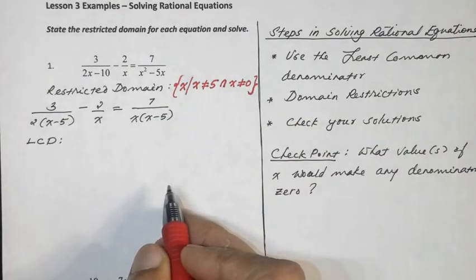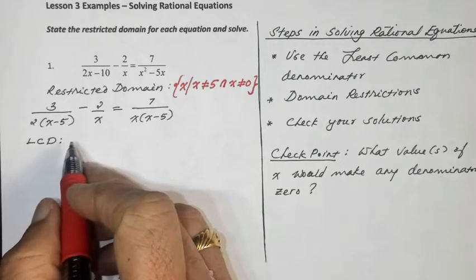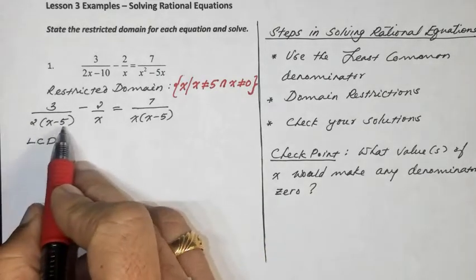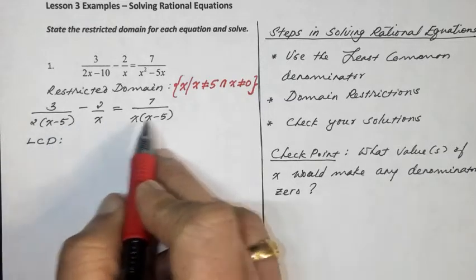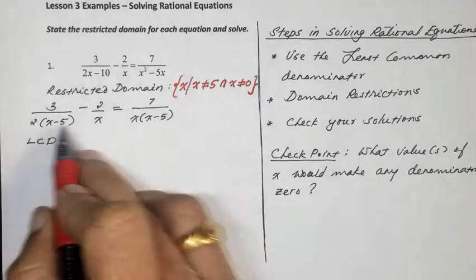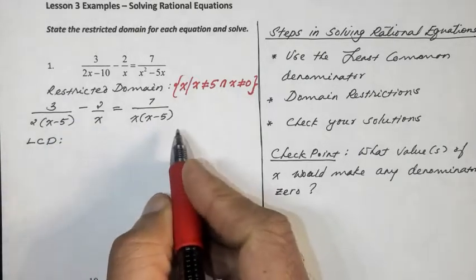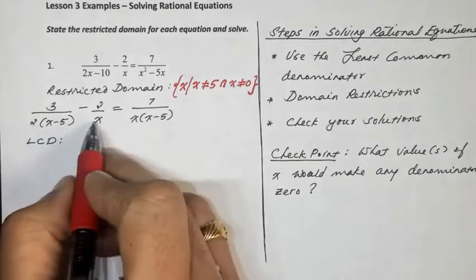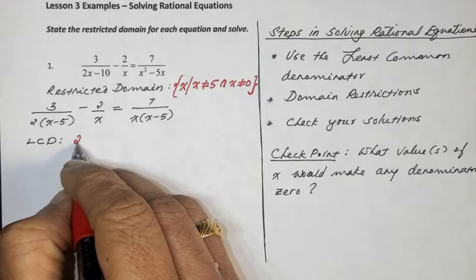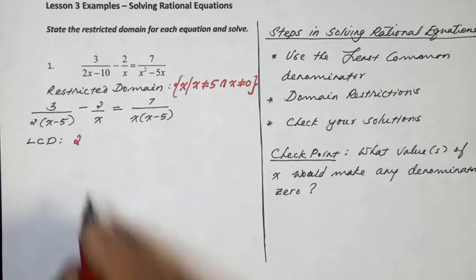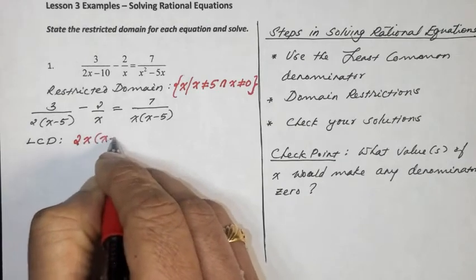Now the next step is finding the least common denominator, and we know you have 2 times x minus 5 here, and x over here, and x times x minus 5 here. When you take all these three together into account, the factor 2 does not repeat anywhere, so 2 is one of the terms, and also you have x and you have x minus 5.